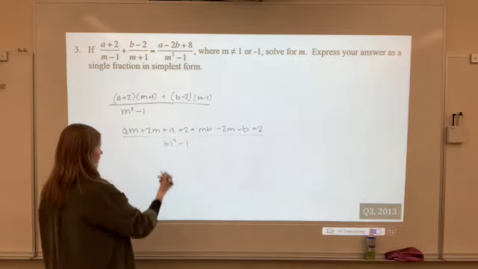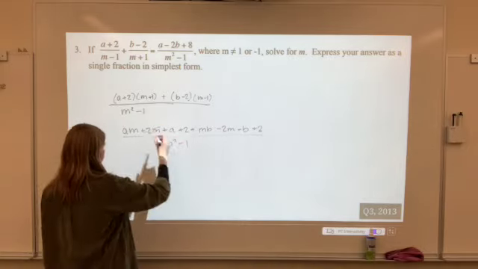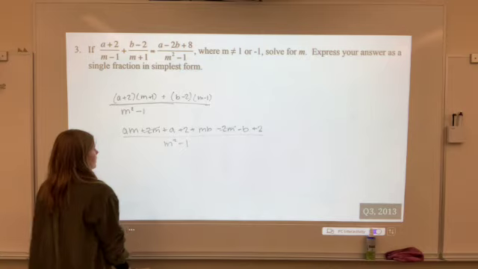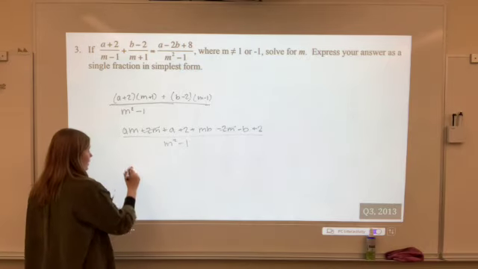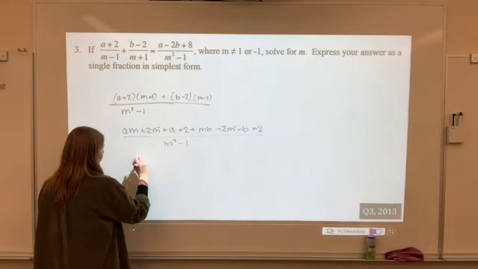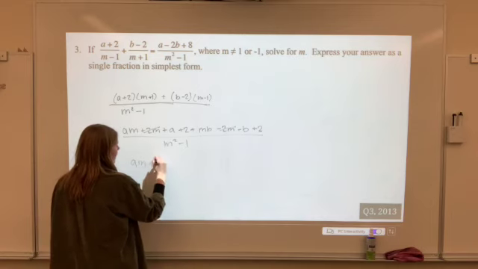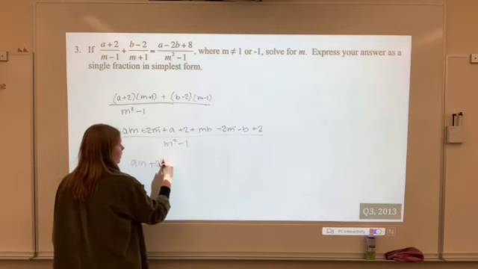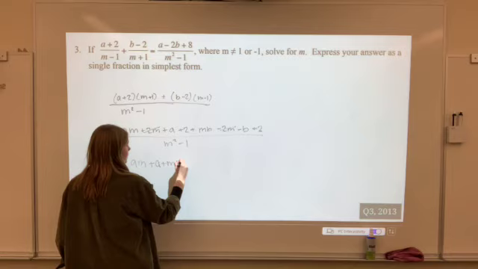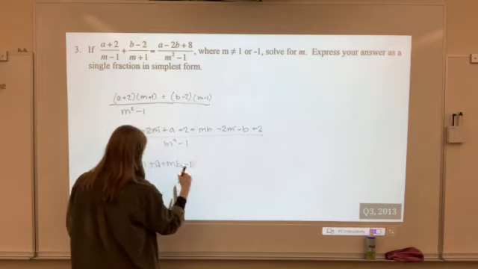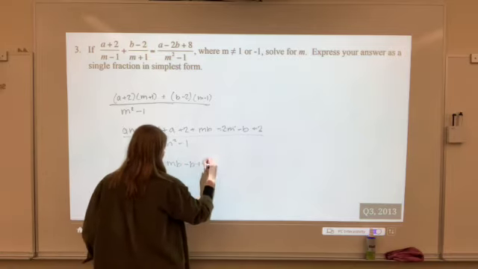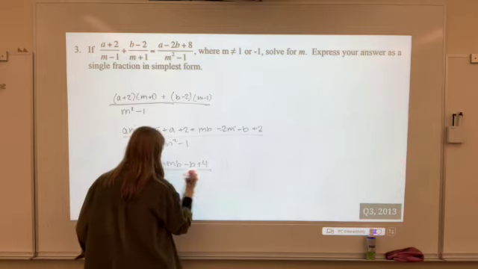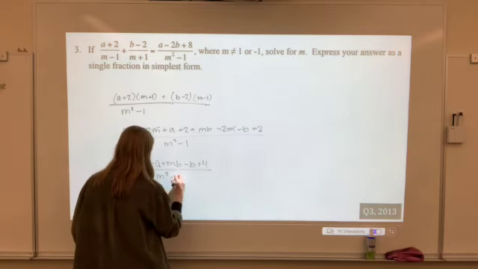Okay, let's combine things. Well, we have our 2m cancel. We can add these 2's together, but other than that, I think that's all the combining we can do. So we have am plus a plus mb minus b plus 4 all over m squared minus 1.